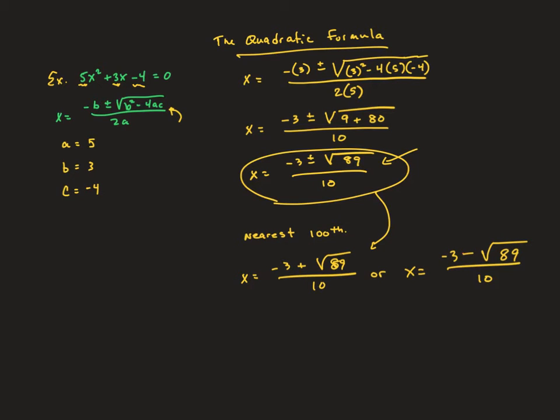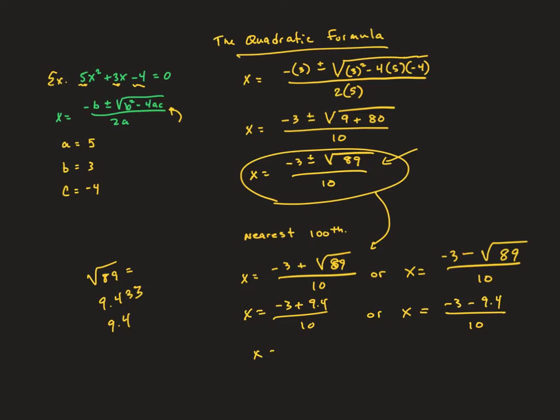I'm going to grab a calculator to figure out what the square root of 89 is. All right, it looks like the square root of 89 is actually equal to 9.433, and I'm going to go ahead and just call it 9.4. So x is equal to negative 3 plus 9.4 over 10, or x is equal to negative 3 minus 9.4 over 10.